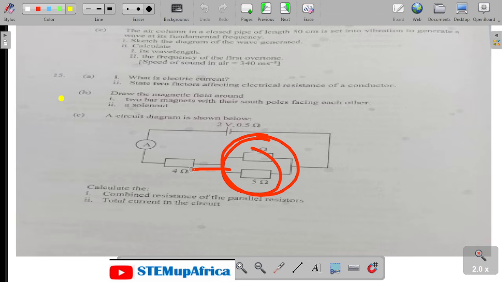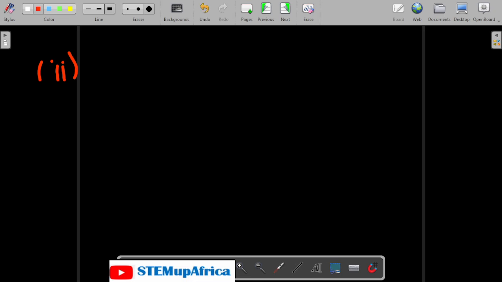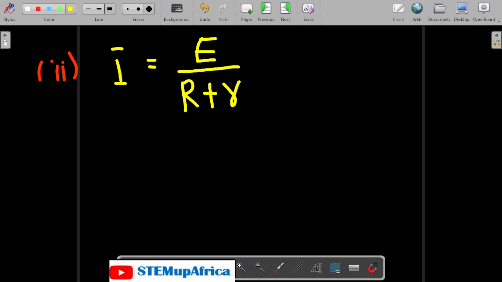So question 2 now, they're asking us to calculate the current in the circuit. So they gave us our EMF and our internal resistance. Remember, we know that I is the EMF over the total resistance plus the internal resistance.